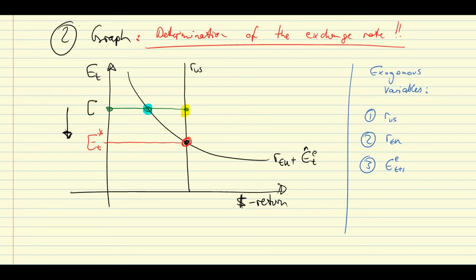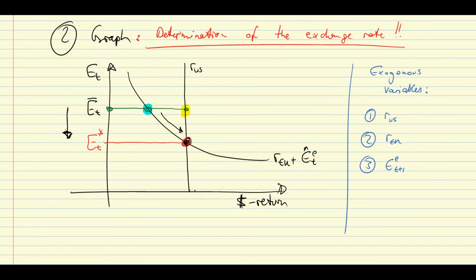So from this level, ET bar, the exchange rate falls to ET star, so that we're essentially moving to this point until we are in equilibrium, where the two returns are equal and there are no further arbitrage opportunities.